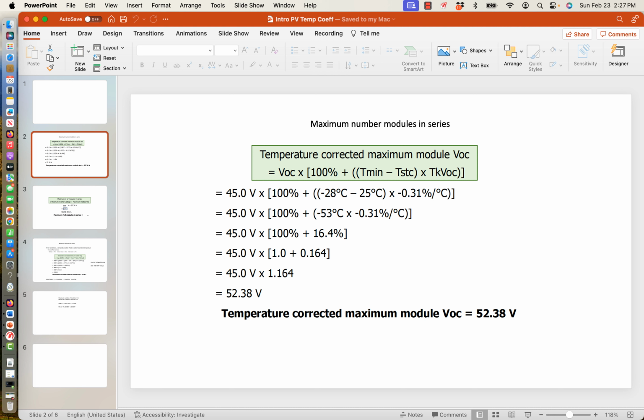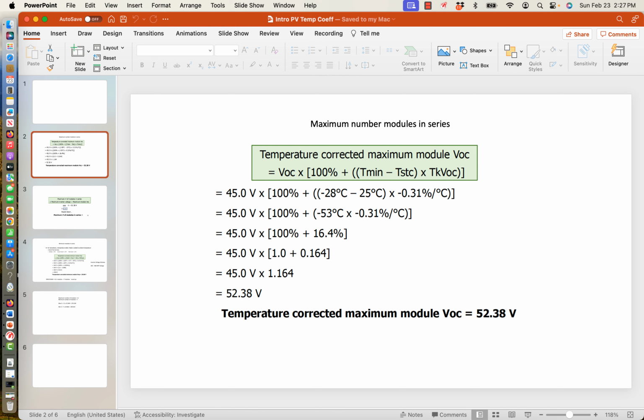Negative 28 degrees C minus 25 degrees C equals negative 53 degrees C. Just enter this into your calculator as it's printed. You'll get negative 53 degrees C.